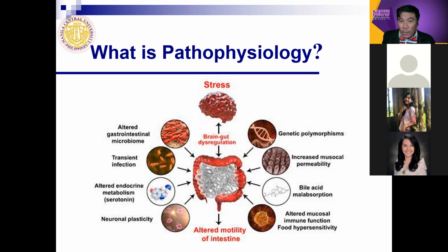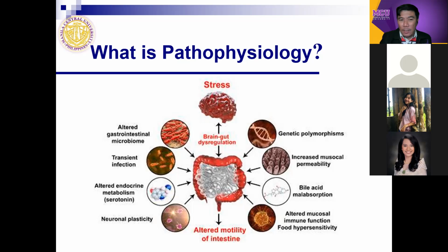So, those aspects can be connected to the situation and the pathophysiology that we will discuss now, that is the effect of stress. We focus on this topic of the effect of stress on intestinal motility, on how stress leads to altered intestinal motility.